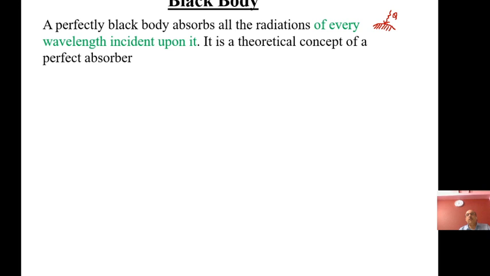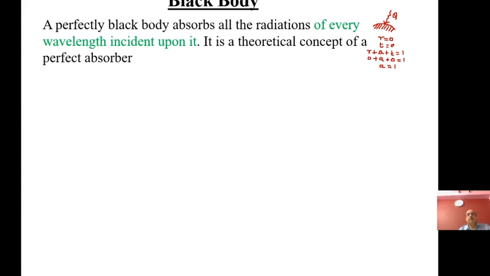So the reflectance will be zero, the transmittance will be zero, and there will be only absorptance. As R plus A plus T is equal to 1, then 0 plus A plus 0 is equal to 1 in this case, when all the thermal energy coming in the form of radiation is absorbed by the body. So A is equal to 1.